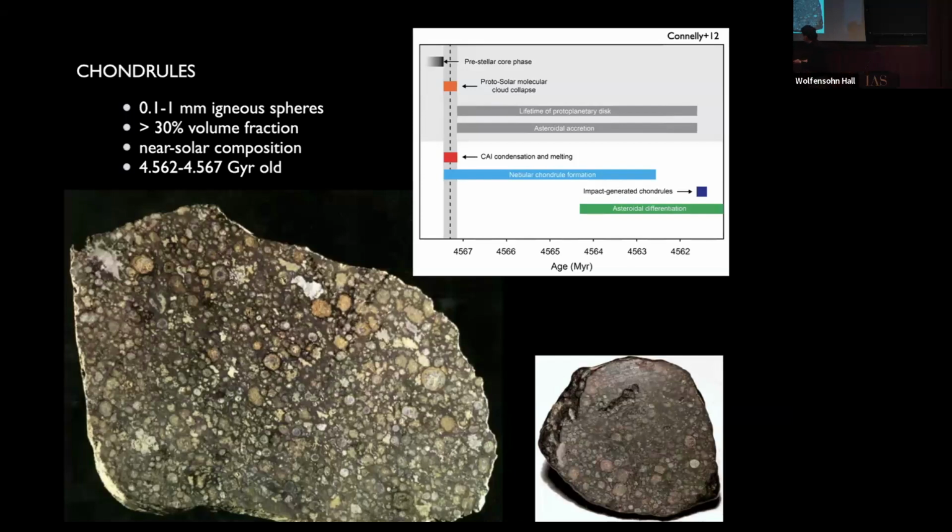You see them here. All these little BBs, about a millimeter to maybe 1/10 of a millimeter in size. When people talk about the age of the solar system, they say, oh, the solar system is 4.56 billion years old. They are referring to the lead ages of these things. So they're the oldest things that we have. I have a sample here, actually, if you'd like to take a look.